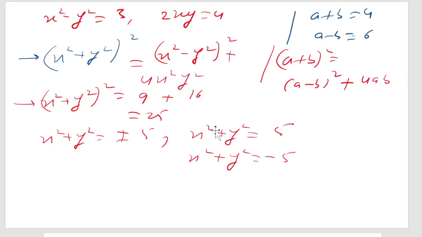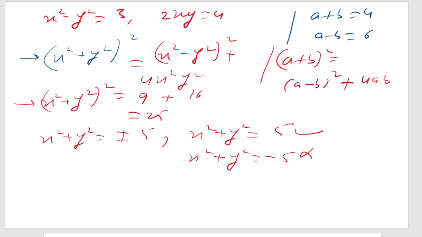So x square plus y square is essentially a sum of squares of real numbers, which is always positive, whereas here the given value is minus 5. So minus 5 is not possible, and we will discard this value. Only x square plus y square is equal to 5 is possible.